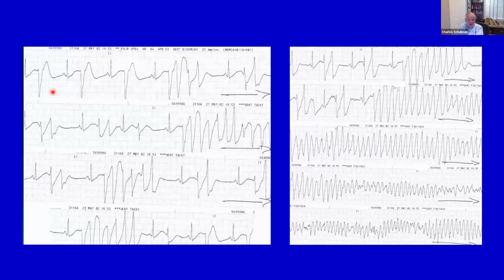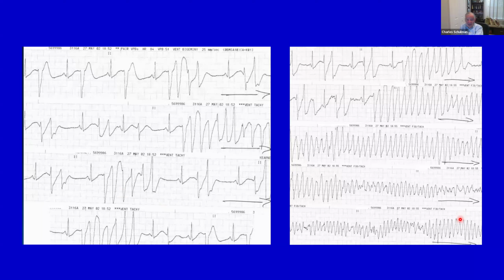And so here's what happens. You have some PVCs, and then they're repetitive, and then you have this torsion of the points from down to up to down in the same lead, because things get worse, much worse, and they deteriorate, and she winds up needing defibrillation, which she received.